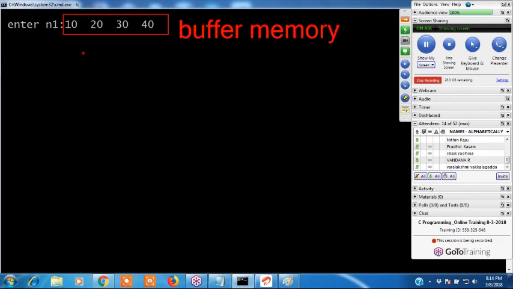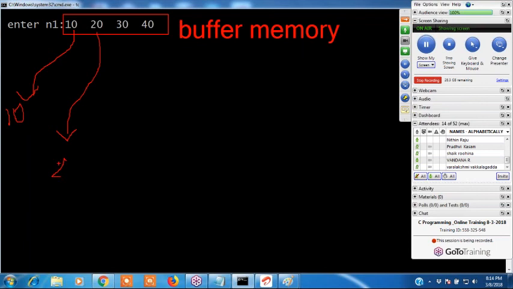Two scanf statements are there, right? First value goes to n1. What is n1? 10. The second value goes to n2, which is 20.